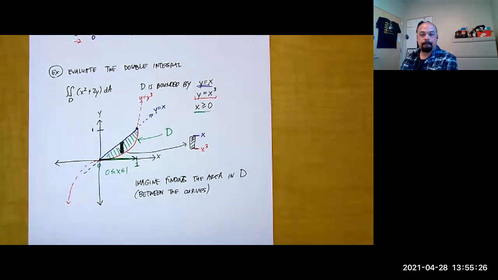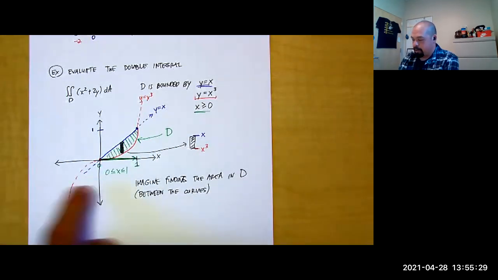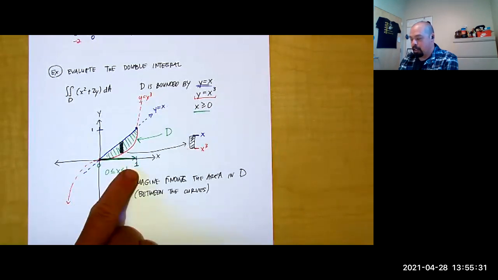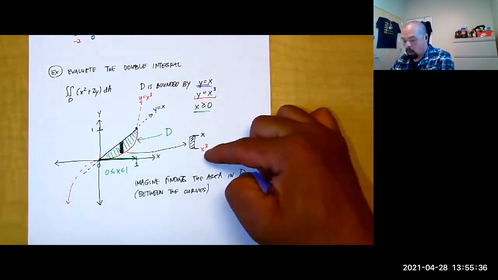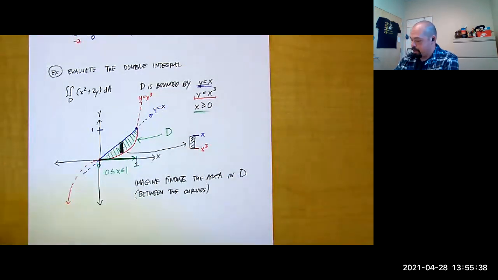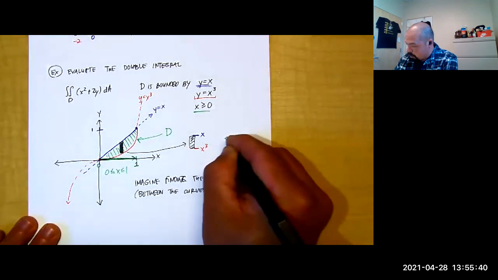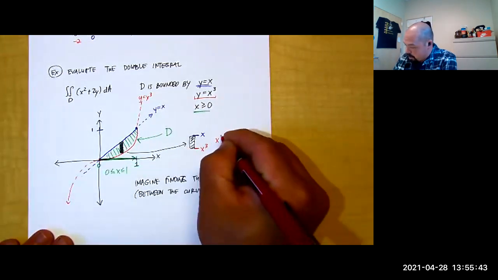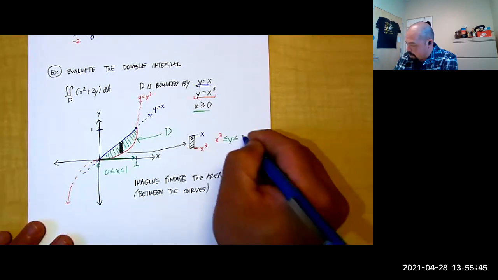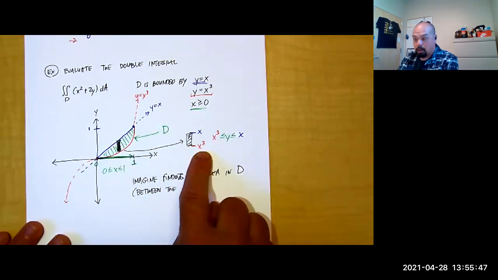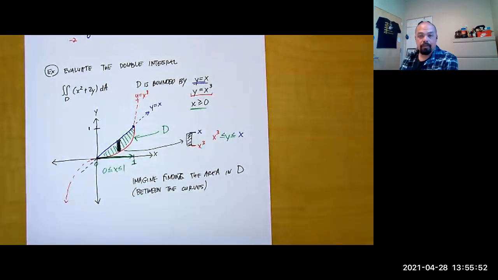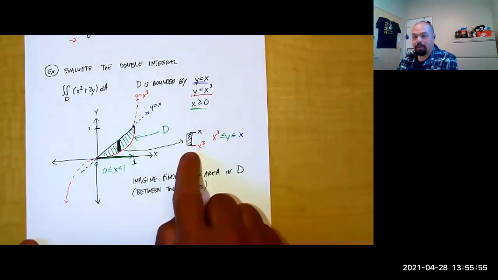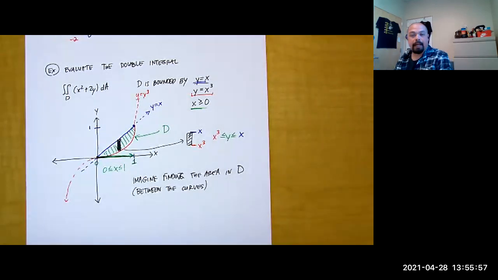So if I let x go between 0 and 1, anywhere I am along that x-axis, for that little rectangle we can draw, the y is going to be between x cubed and x, the lower and upper boundaries for the height of that little representative rectangle if I was going to find that area.